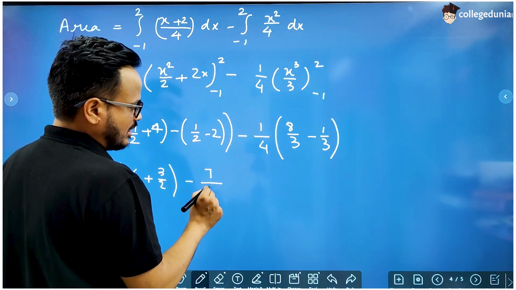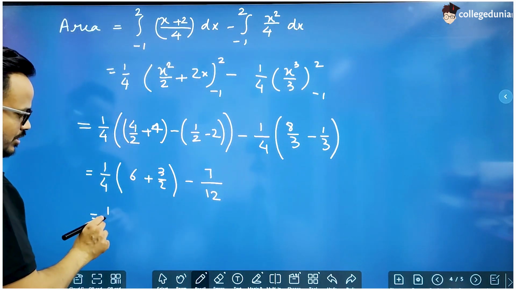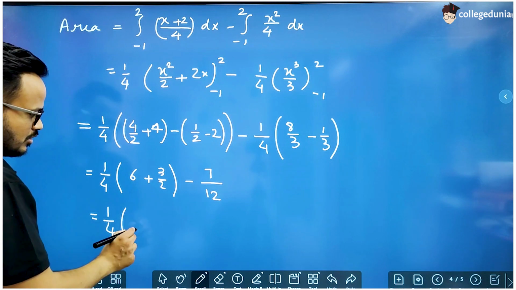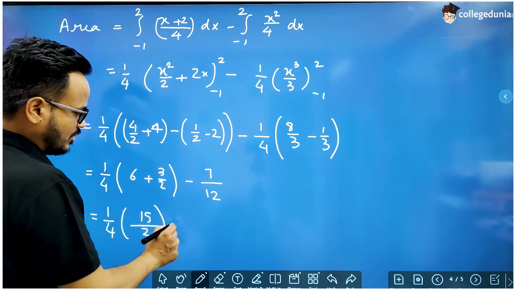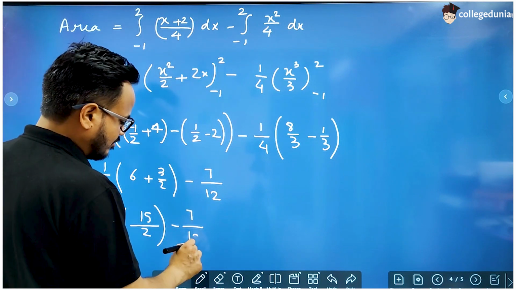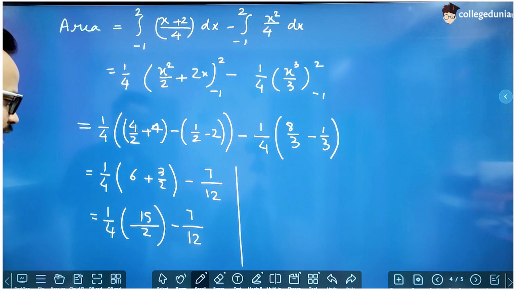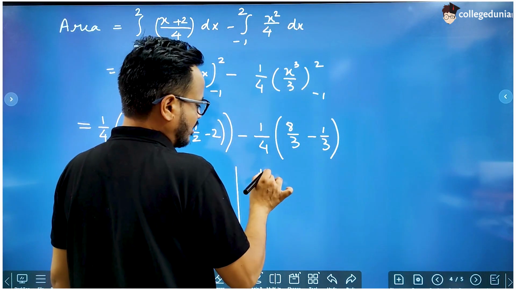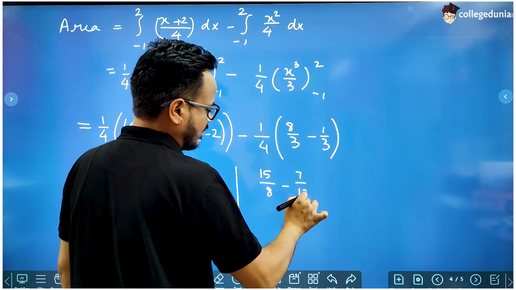So 7 by 4 into 3, 12. So finally it is 1 by 4 of 15 by 2 minus 7 by 12. So this is 15 by 8 minus 7 by 12.